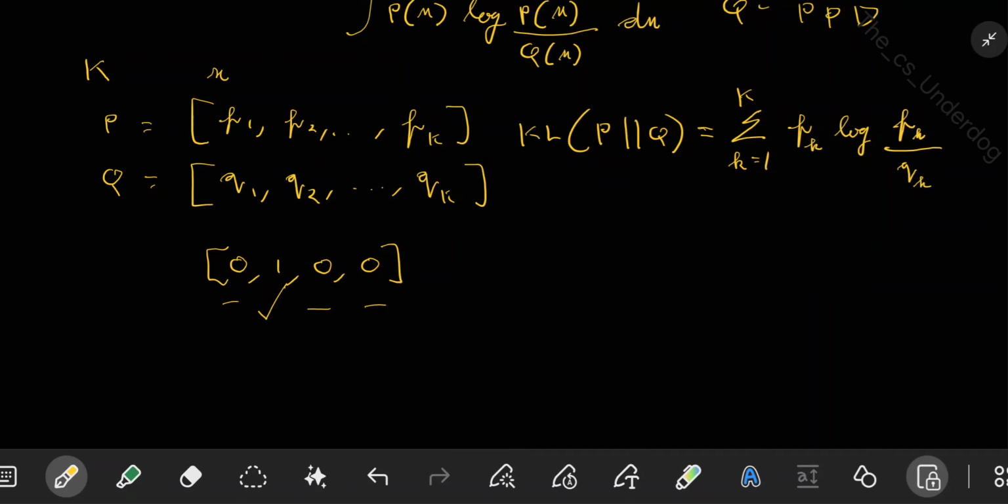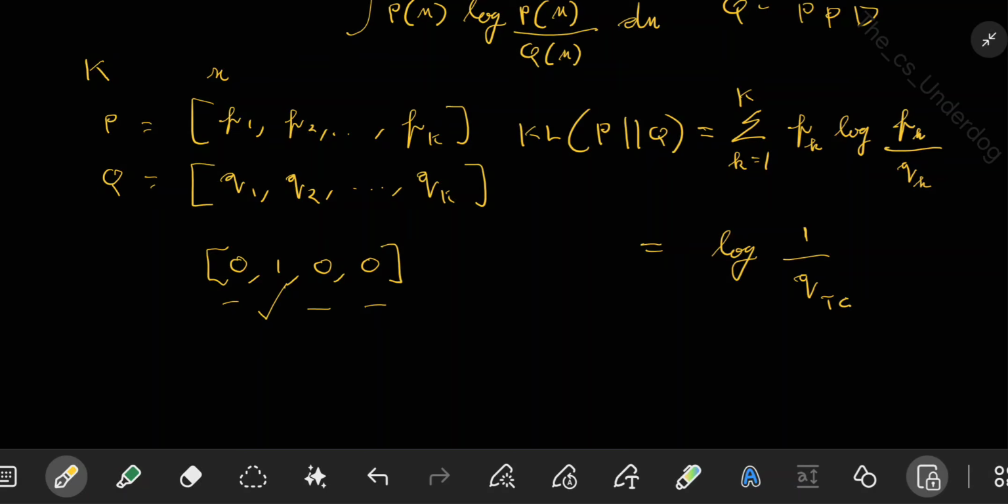Then what happens? In each of the terms, pk will be 0 for all the classes except the true class. That means only one term will remain, which is log 1 by qk. Why is this 1? Because this pk will be 1. So this is log 1 by qk, where k is the true class, or I'll write here true class tc.